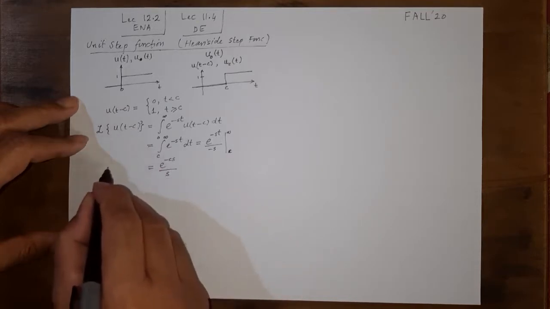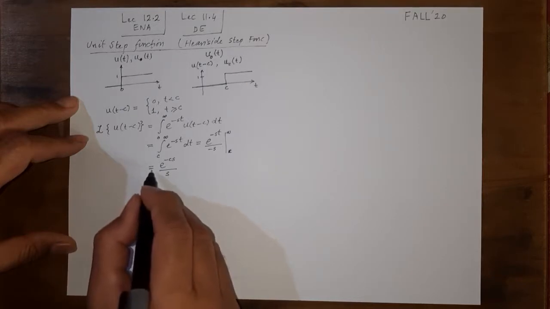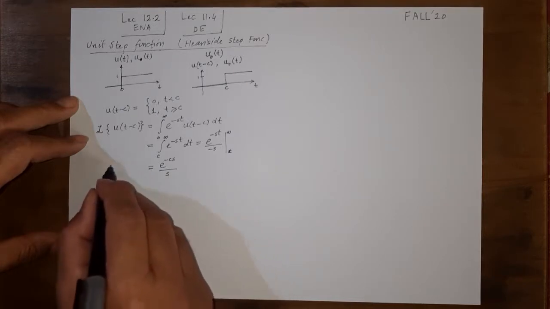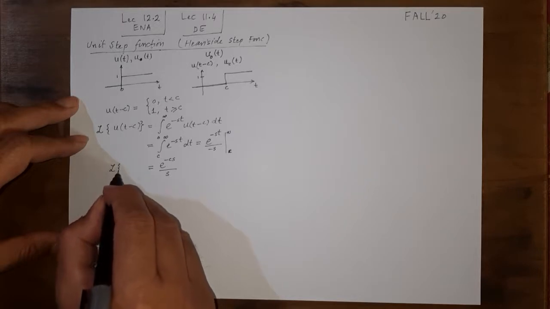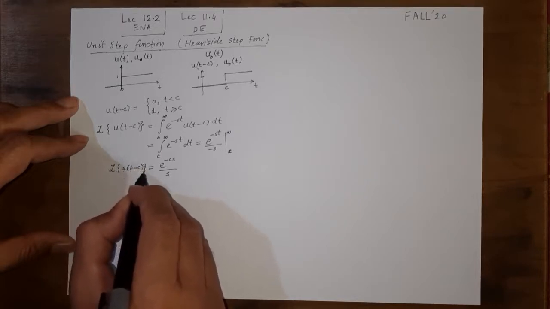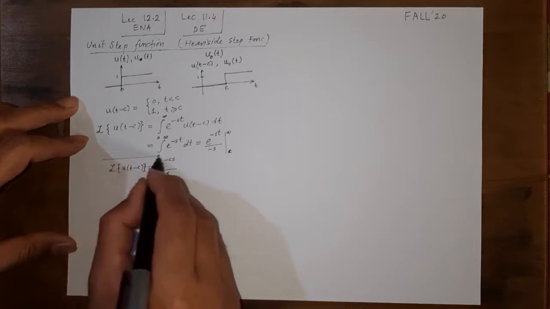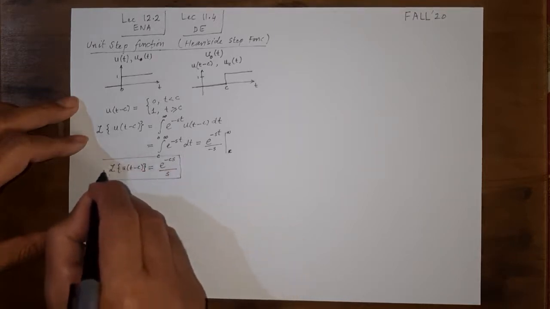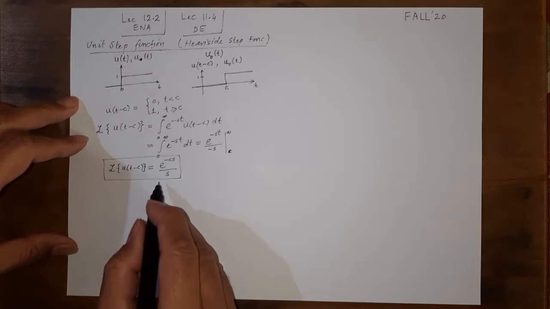So this is a transform pair, in fact. This is the Laplace transform of a unit step function that is shifted to the location c. This is something to be remembered.